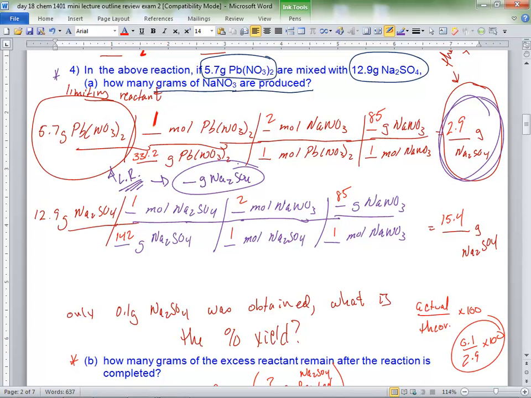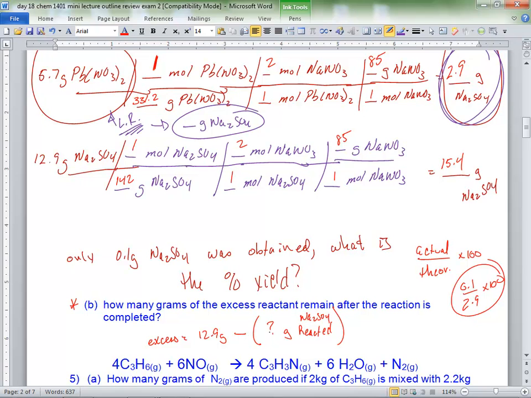So we'll convert the grams of lead nitrate into grams of sodium sulfate. The 5.7 grams of lead nitrate is the limiting reactant because that's all gone. Once it's gone, that stops everything. So if all that lead nitrate reacted, convert that into grams of sodium sulfate, that's the grams of sodium sulfate that reacted. Then you jump down to the bottom, put that number right here, and you'll have it. Okay, try it.